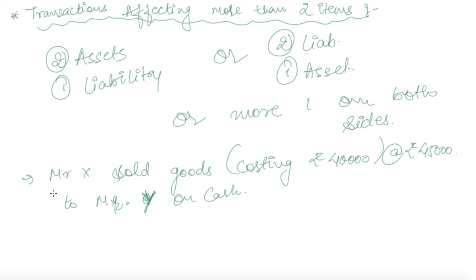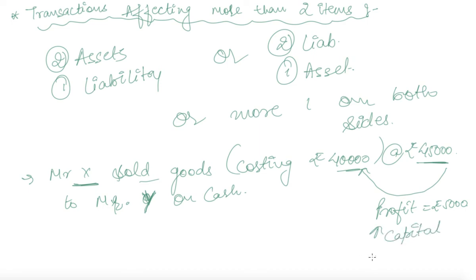So what will be the treatment of this transaction? As Mr. X has sold goods of rupees 40,000 at 45,000, it means he has made a profit of rupees 5,000, which is part of the increase in capital.